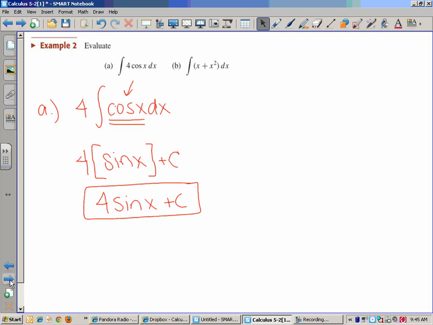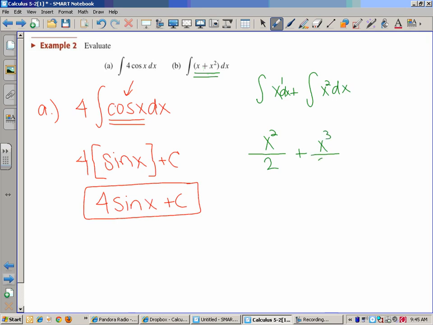Now, the same way we did derivatives before, this right here is going to be split up into two integrals. And each integral needs a dx. I have to think this is the one that has an exponent of 1. So add 1 to the exponent. Now divide by the new exponent. Plus add 1 to the exponent.